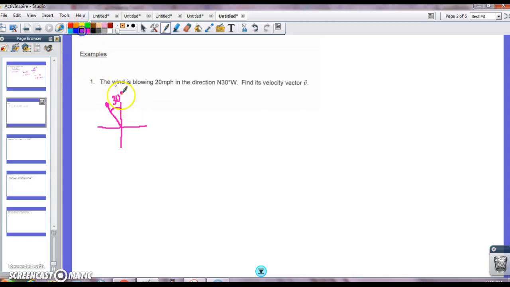But remember that theta is going to be all the way from the x-axis to that. And so that would be my theta. So my theta is going to be that 90 degrees plus the 30. So my theta is actually 120 degrees.